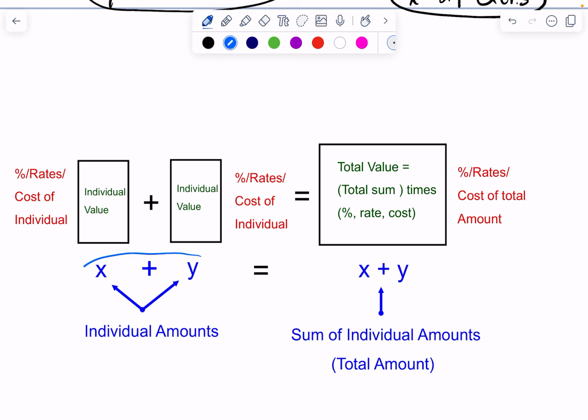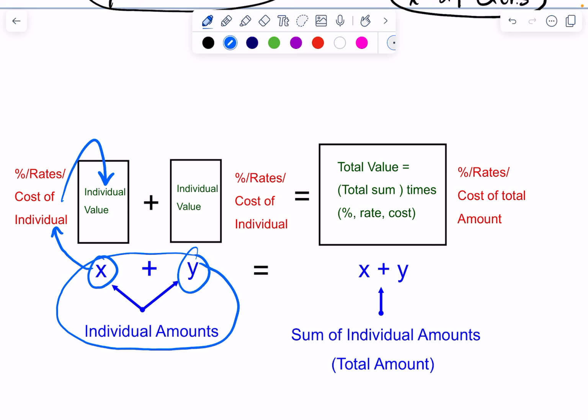Okay, blue over here, there's an individual amount being multiplied by some percent or some rate or some cost, and that's going to equal an individual value. There's going to be another amount times its own percent or rate or cost, and that's going to equal its own individual value.